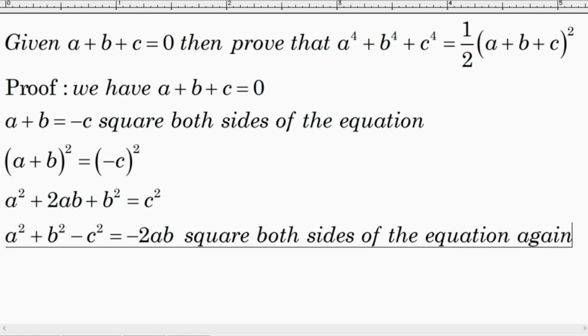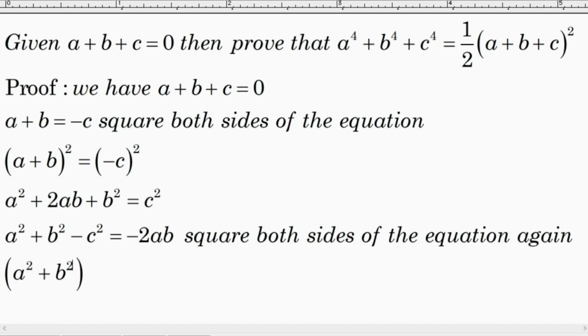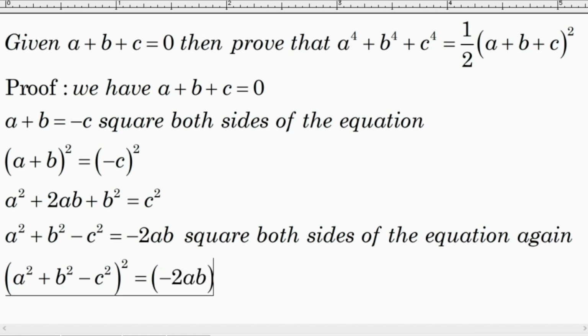Then we will get (a² + b² - c²)² equal to (-2ab)².